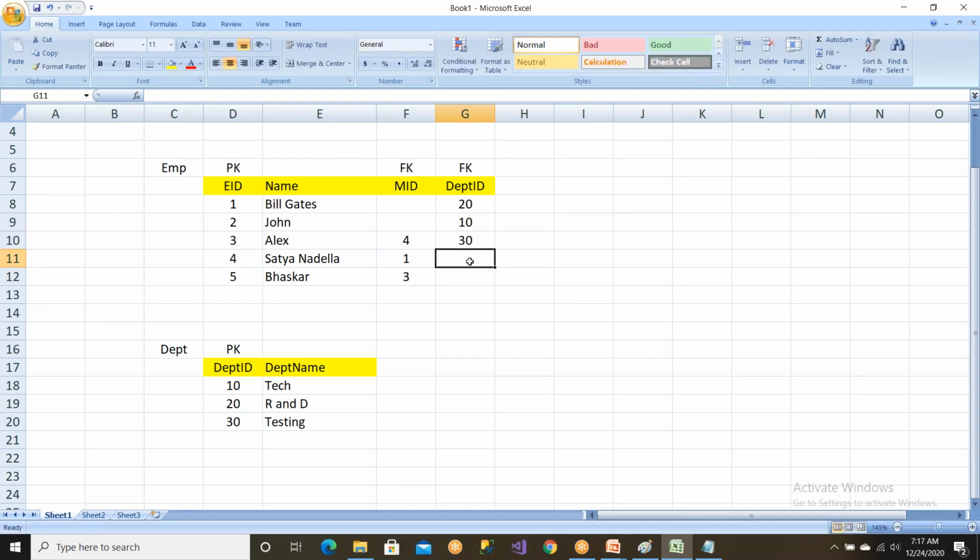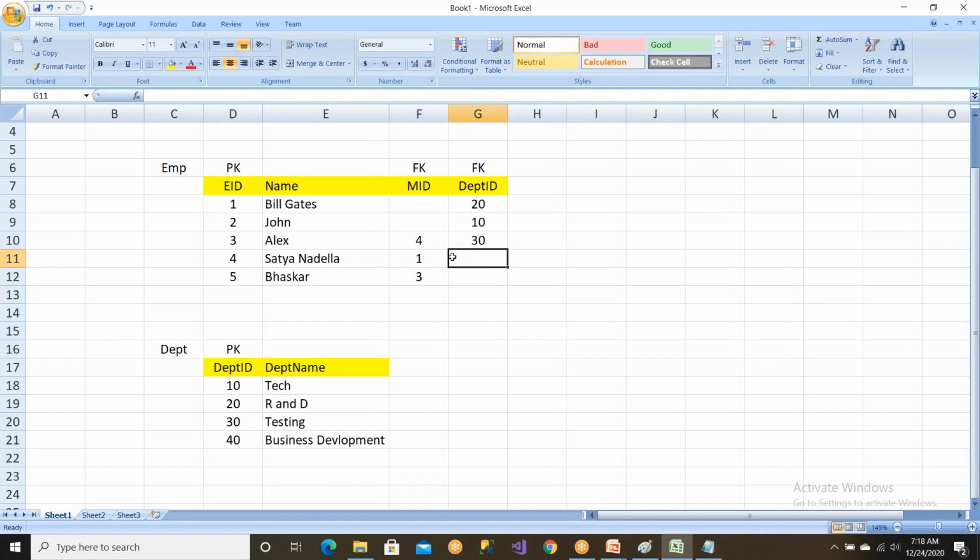Satya Nadella is working for the business development department, so department number 40. And Bhaskar is working for the testing department, number 30. Clear? So I have one foreign key referring here, and we have one more foreign key that is referring here.